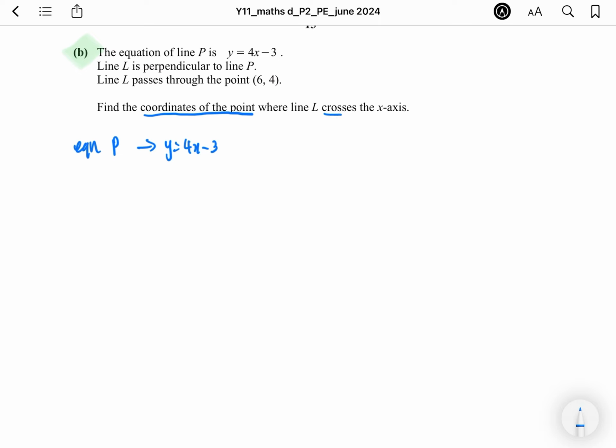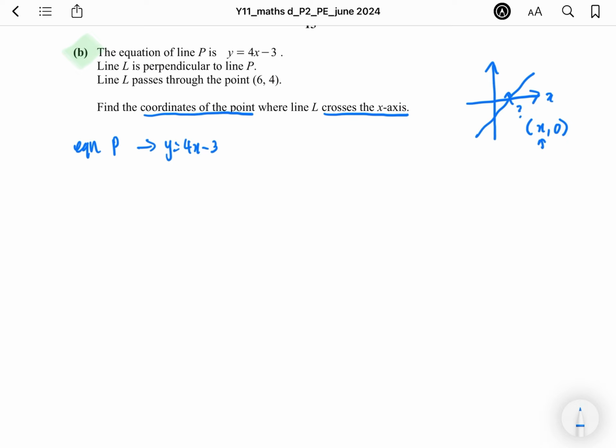L crosses the x-axis. That means if you have your graph here, the point where L crosses the x-axis is this one here. That also means that we already know one of the coordinates, which is y. The y value is 0, so we just need to find what is the x there, and from there we can find the coordinate.